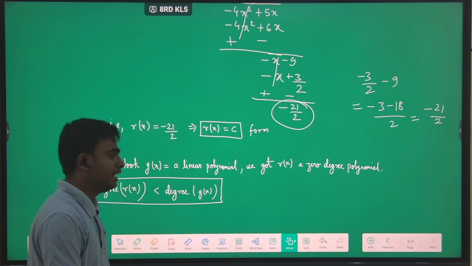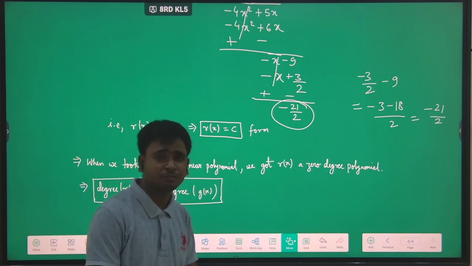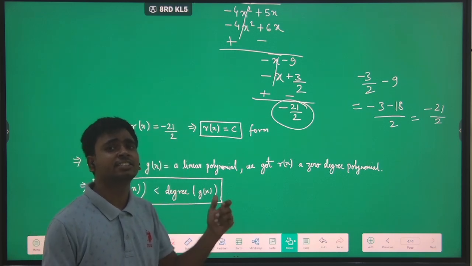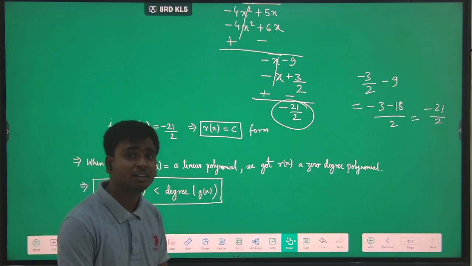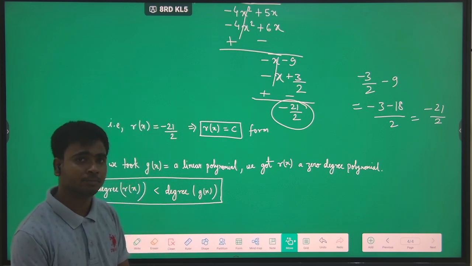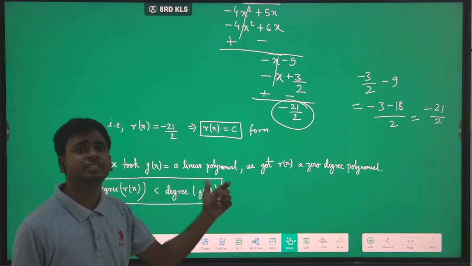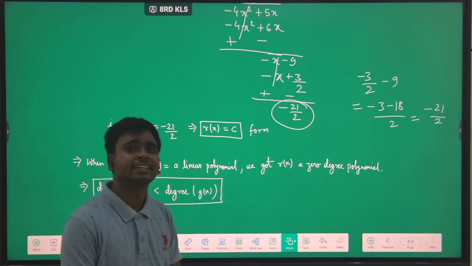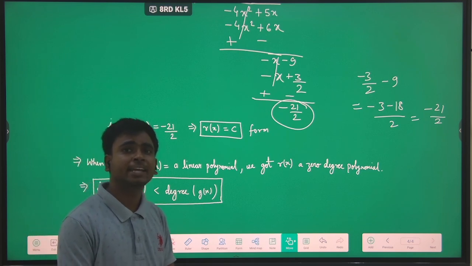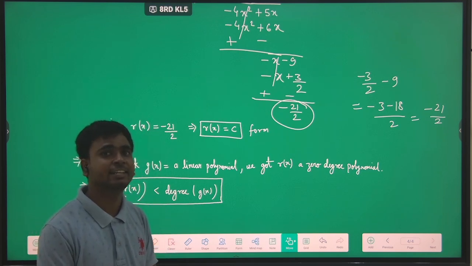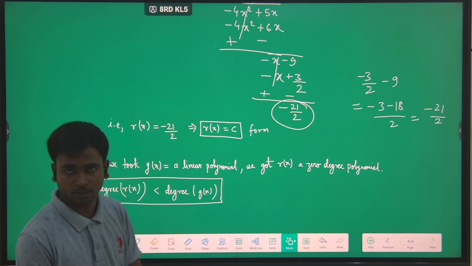Any polynomial of the form f(x) = c is said to be a 0 degree polynomial. If in a polynomial all the coefficients are 0, then that polynomial is equated to 0 and is said to be a zero polynomial.